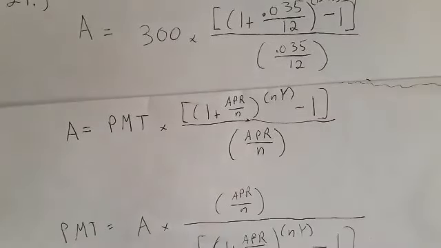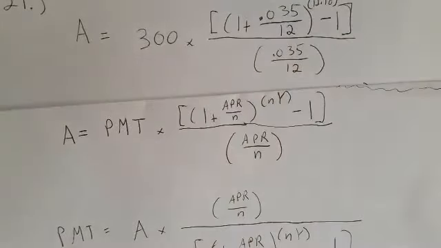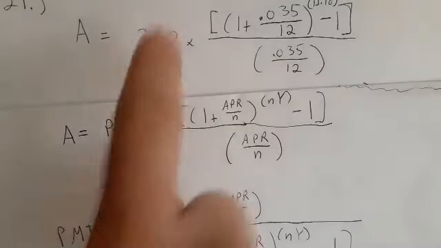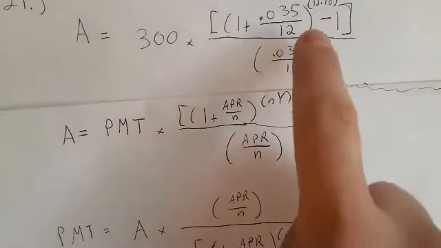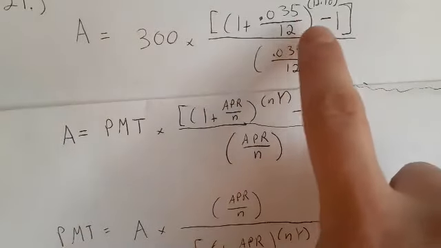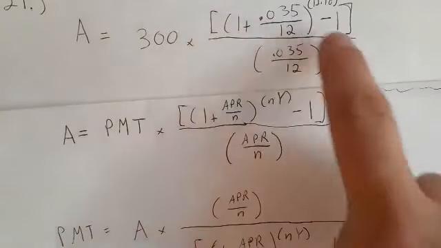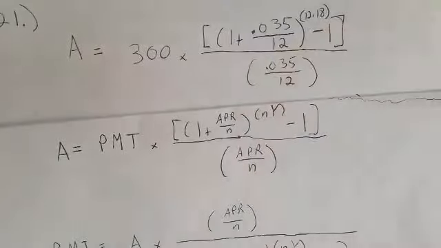They do. So we have a payment of 300. We have 1 plus my APR, which is 3.5%. You want to convert that to a decimal. We're dividing by n. My n here is monthly, that's 12. We're doing 12 by 18 years.